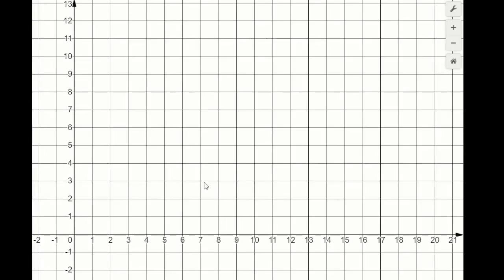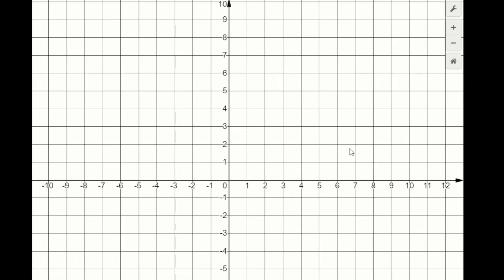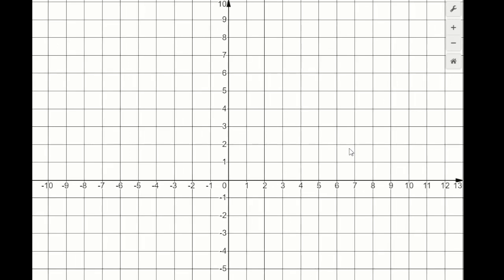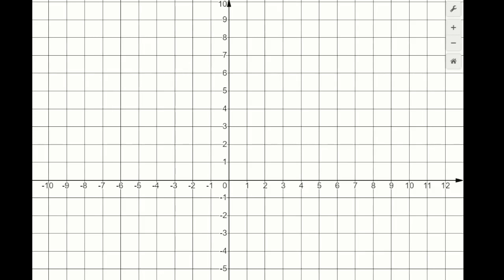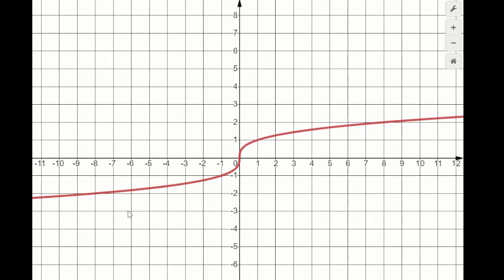This is the empty graphing space right now. Now let me show the graph of the cube root function. This is the graph of the cube root function, the graph in red right here.